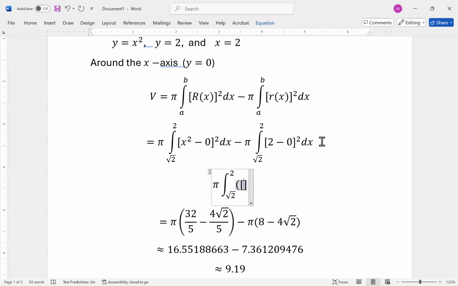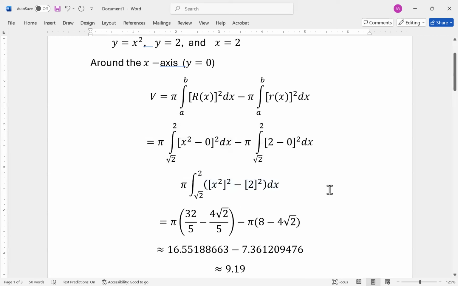It's a little bit tricky again. We go x squared, I'll just leave it as x squared, squared, minus 2 squared. And integrate that whole thing with respect to x.